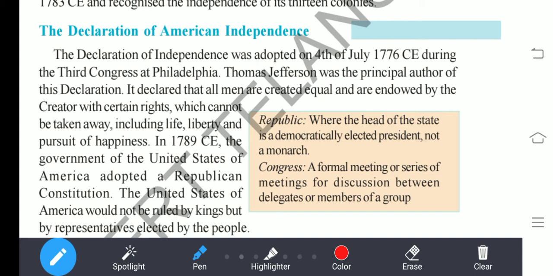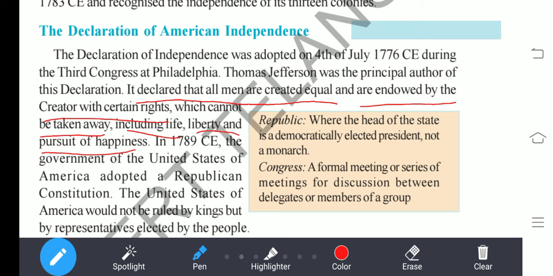It declared that all men are created equal and are endowed by the Creator with certain rights which cannot be taken away, including life, liberty, and the pursuit of happiness. This is the main principle Thomas Jefferson added to the Declaration of Independence.